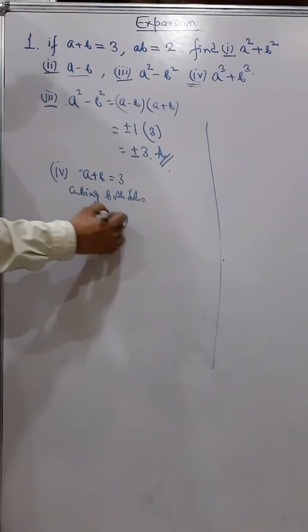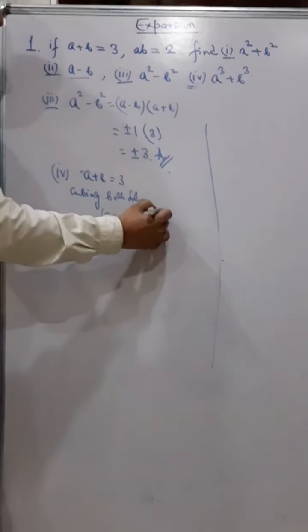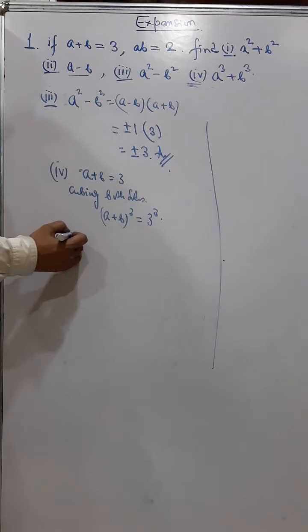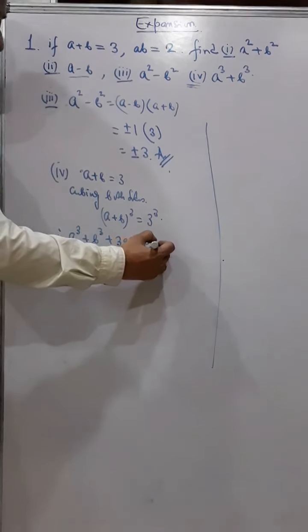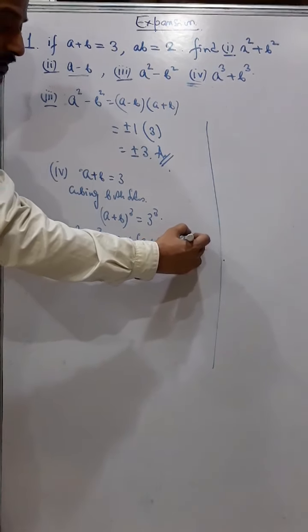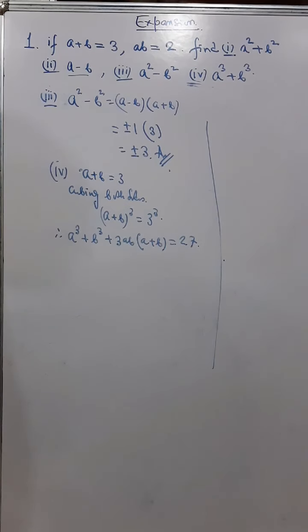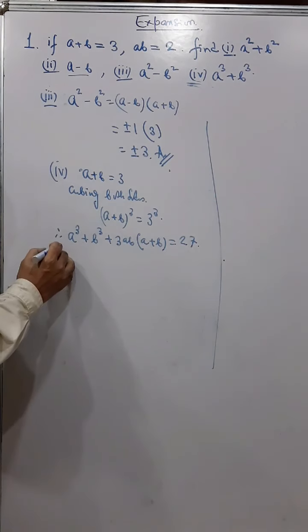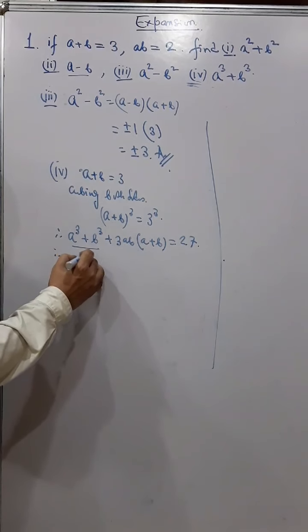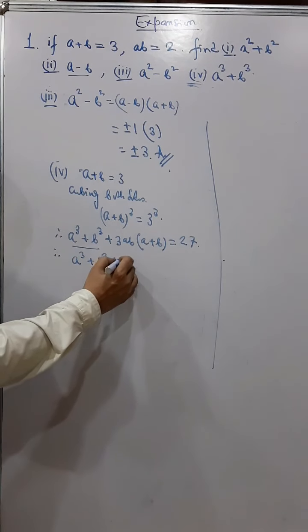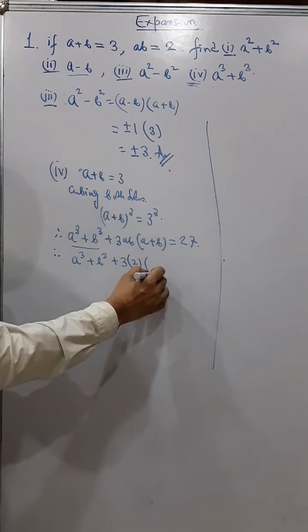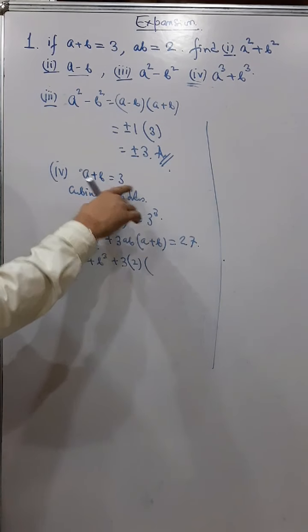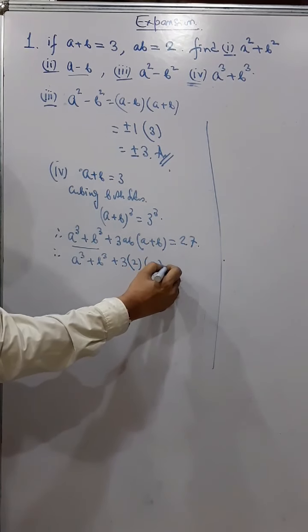So we get a plus b whole cube is equal to 3 cube, and then the formula, it is a cube plus b cube plus 3ab, and in bracket we have a plus b, and that is equal to 27. Then we'll put the respective values. It is a cube plus b cube plus 3ab, ab means 2, and a plus b also means 3, so we'll put the value of a plus b here. Okay, understand?